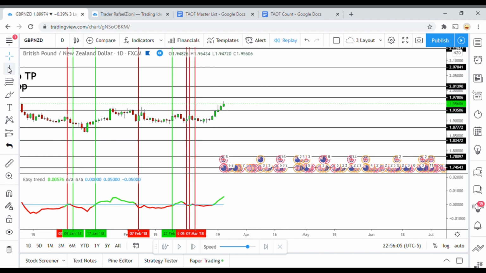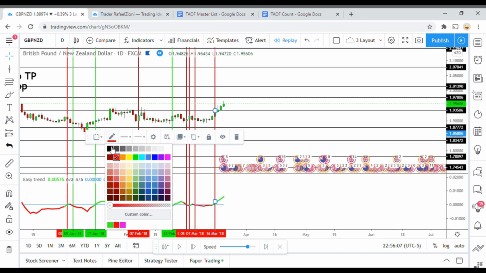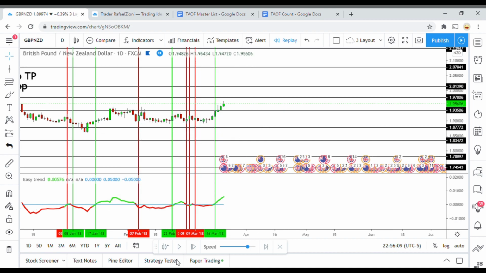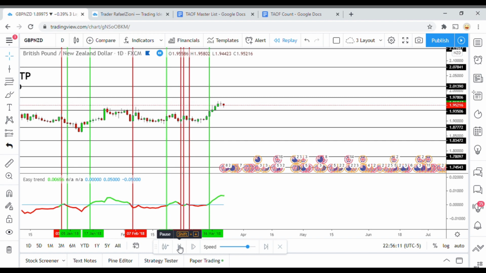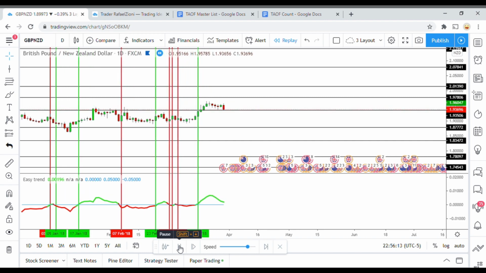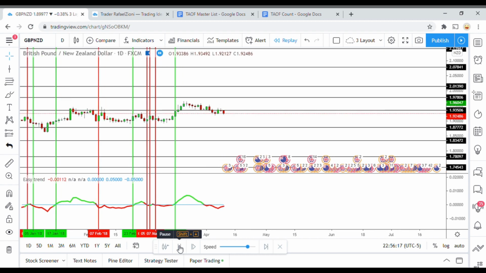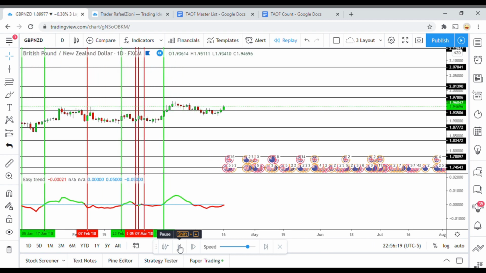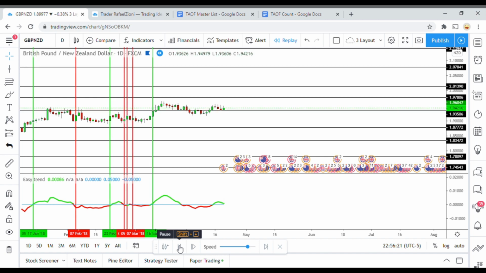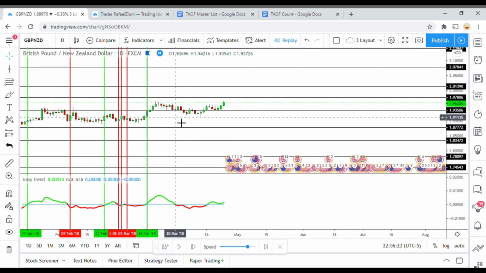And it looks like it's going to make its way up a little bit here. We did get a long signal right here. Let's see what it does now. See if it holds that area. Looks like it's going to pull itself down back underneath. Pick up a short signal over here on this side.